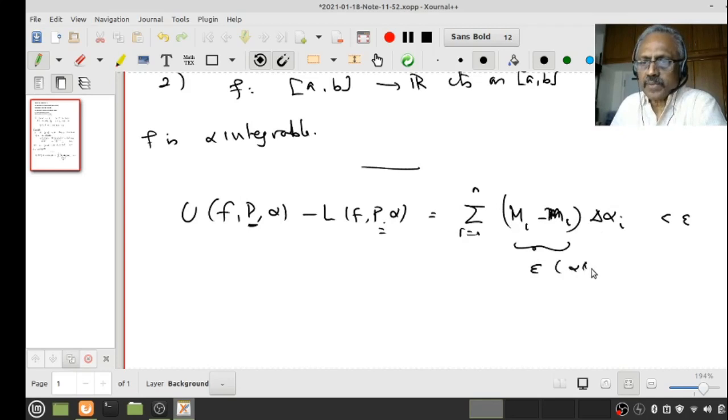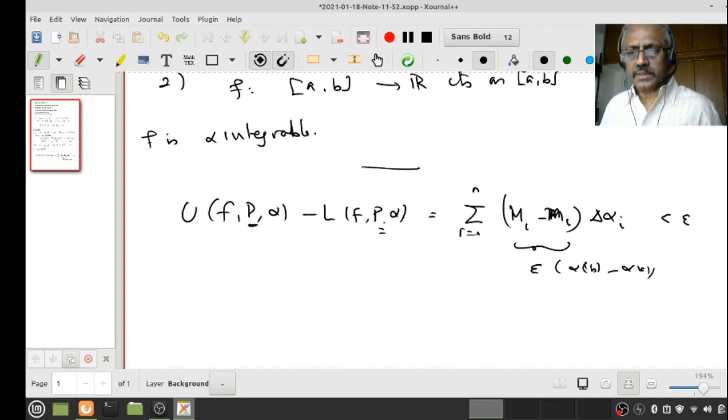So I will have something like alpha(b) minus alpha(a). So one way would be to choose a partition P so that this M_i minus little m_i can be controlled better.